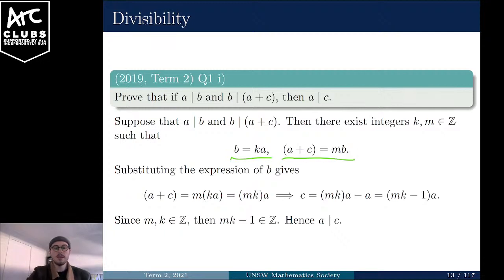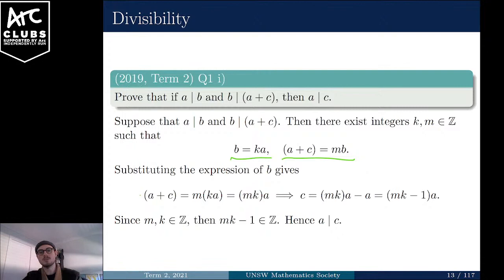Perfect. Now, what we're going to do is substitute this first expression for B into the second expression, and then we're going to rearrange. So we substitute in, we use associativity again. This implies that we can move the A over because there's nothing multiplying outside these brackets here, so we can just move the A over.